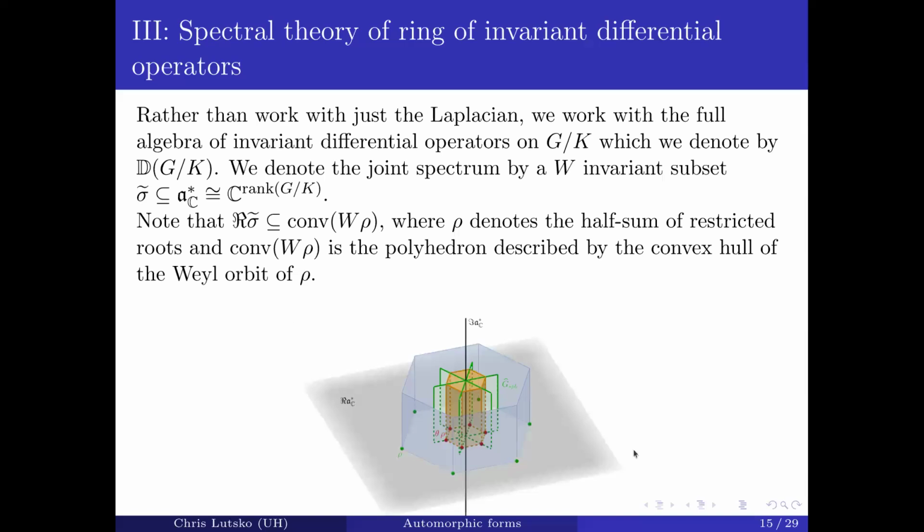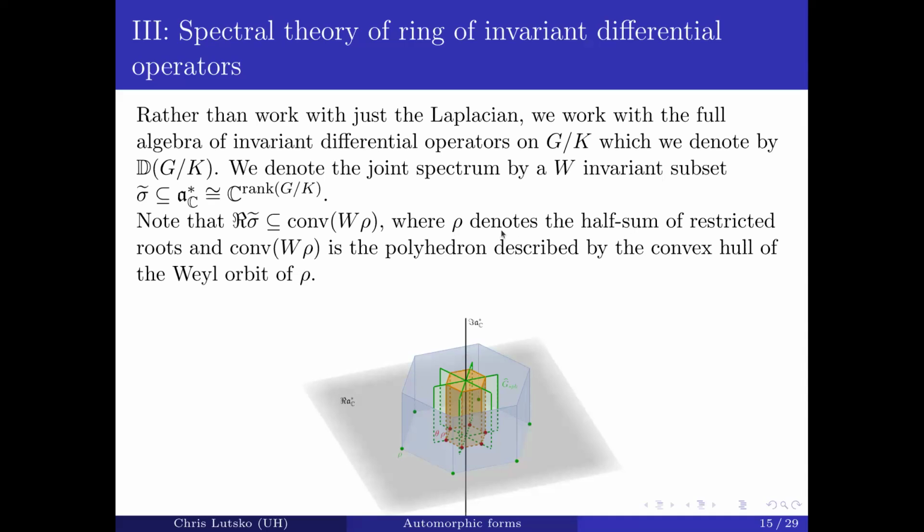So here's a picture. The real plane is given by two dimensions. The imaginary axis we've collapsed into one dimension. It really should be two dimensions, but I'm bad at drawing in four dimensions. You have the half sum of restricted roots.